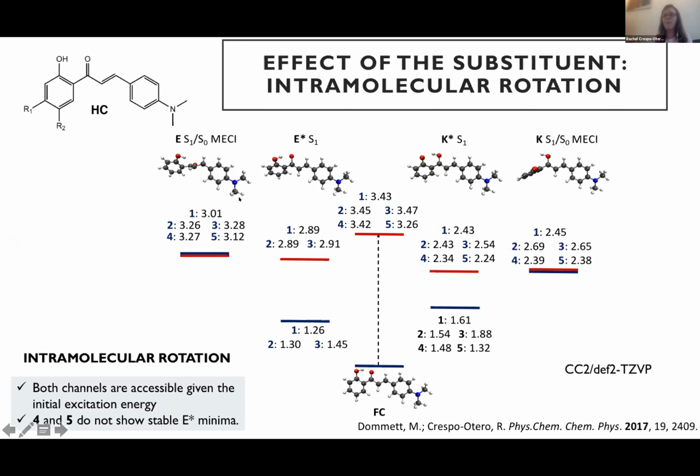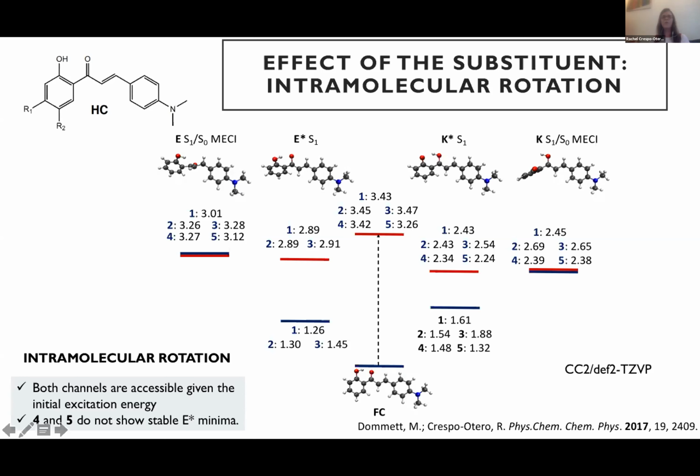This happens for all of these systems, and there are not very significant differences in the potential energy surfaces. Maybe the main thing is that in the case of number 5, the system that is not emissive in the solid state, the excited state proton transfer process is extremely favorable.